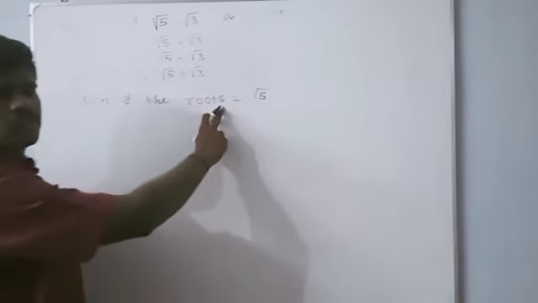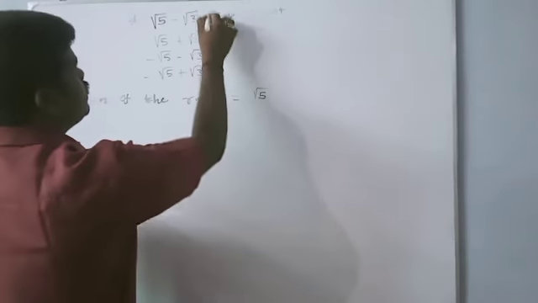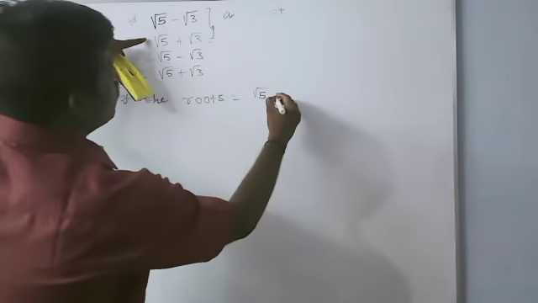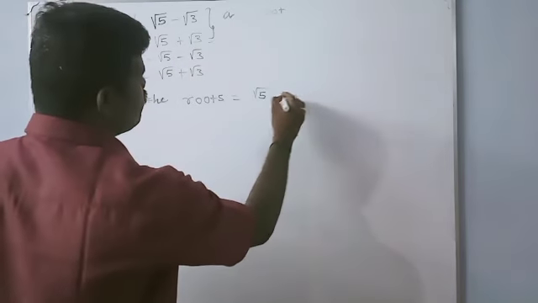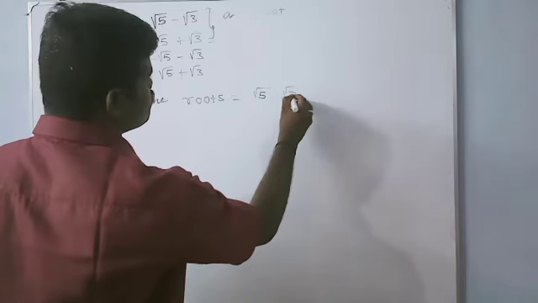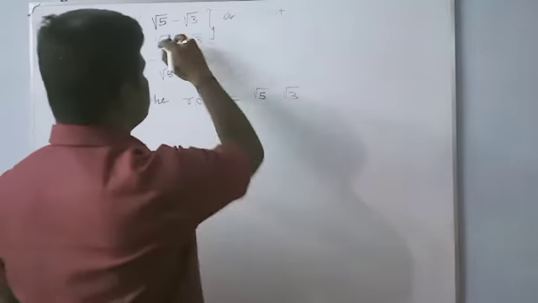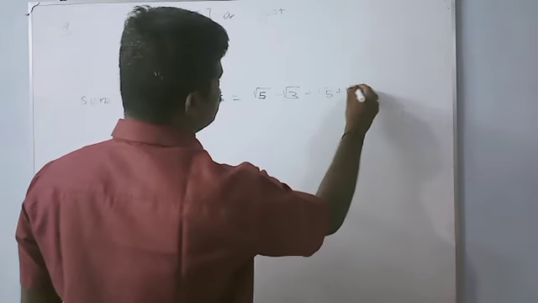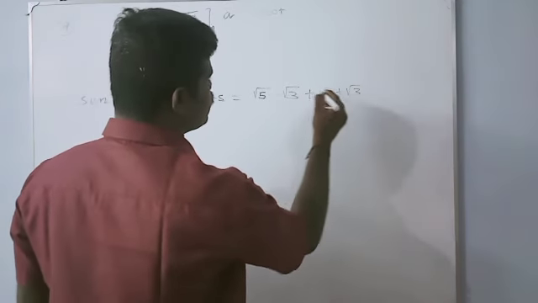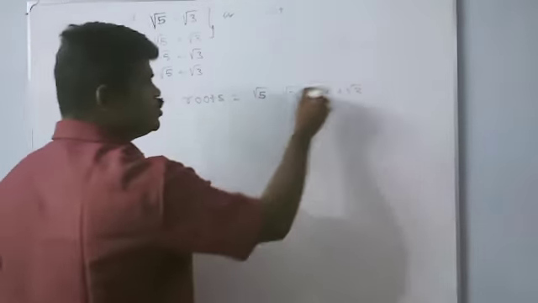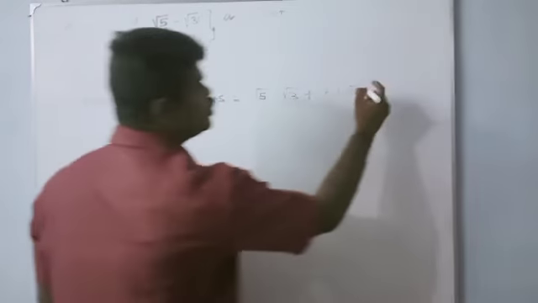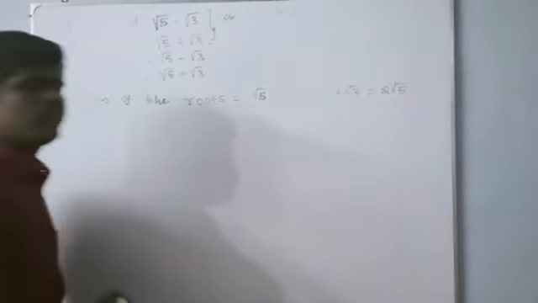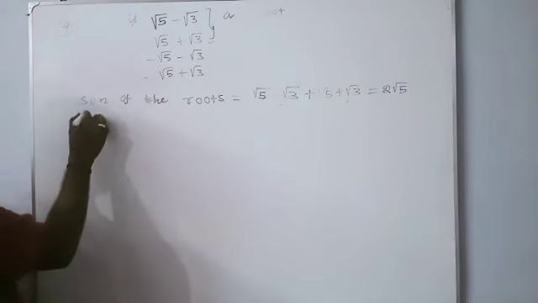Take the first 2 roots: root 5 minus root 3 and root 5 plus root 3. Cancel these two terms. What is the value? 2 root 5. The sum is 2 root 5, and the product of the roots.